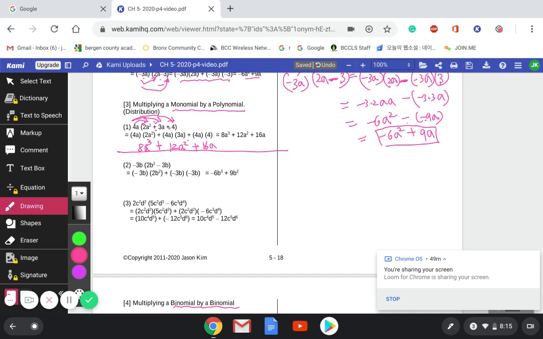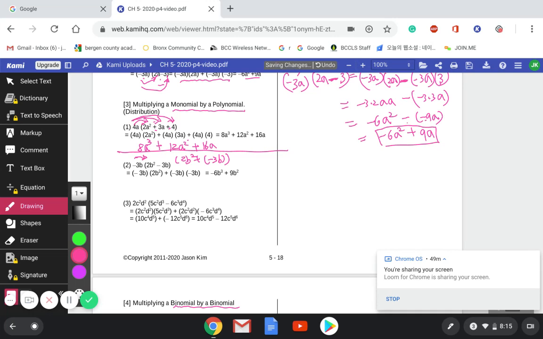Now, you have to be a little careful when you have negative numbers. So you are distributing negative 3b times 2a squared. Again, I changed this as 2a squared plus negative 3b.